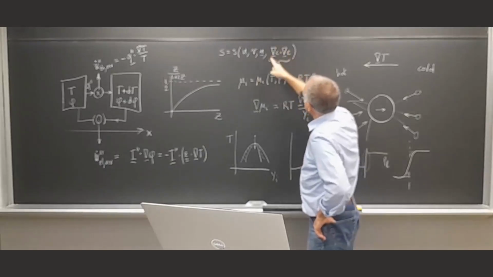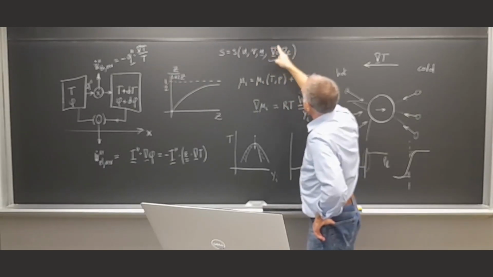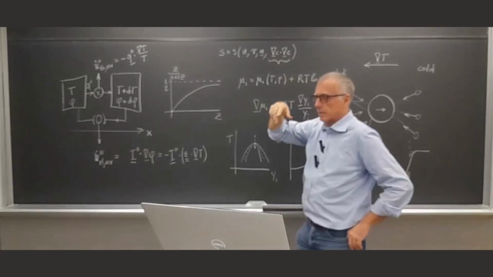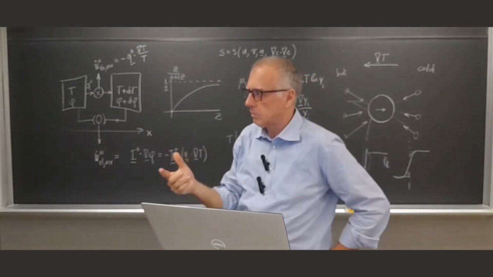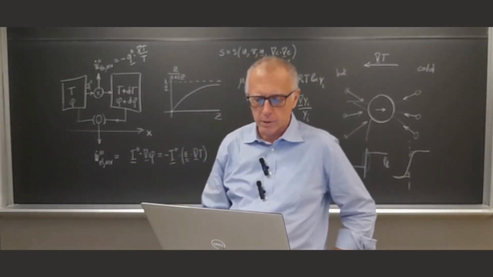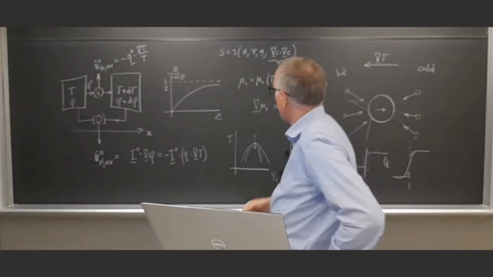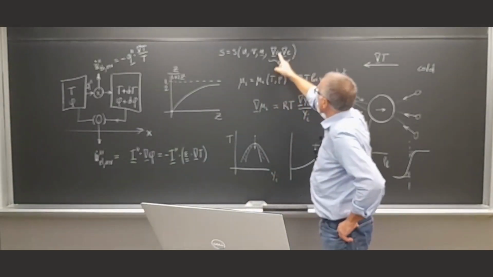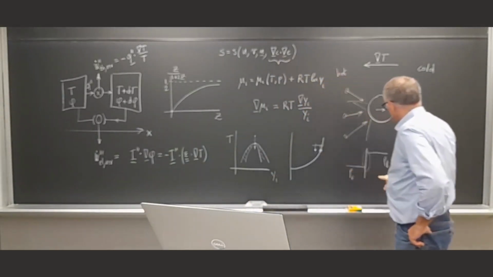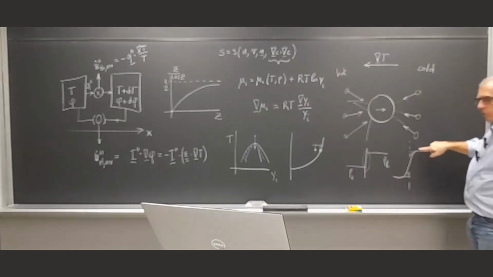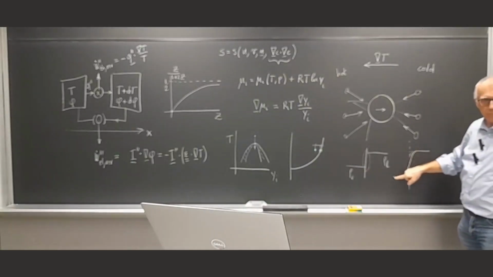Well, this theory here has been developed by Landau. This has now become known as Cahn-Hilliard models, or diffuse interface methods. With that, you can predict the exact shape of this curve at equilibrium.